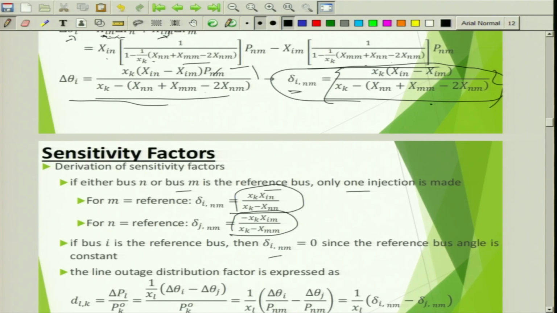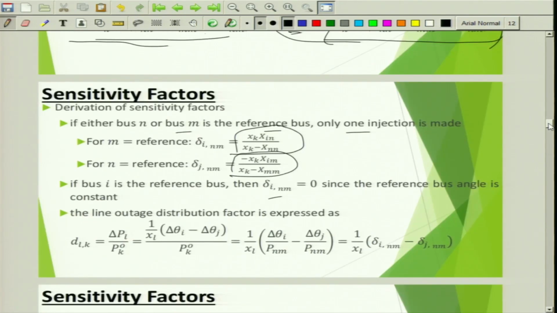Then the line outage distribution factor is expressed as DLK is nothing but delta PL by PK naught, the same thing, that is nothing but delta PL is nothing but 1 by XL into delta theta I minus delta theta J divided by PK naught, and then this can be expressed as 1 by XL delta theta I by PNM, which is nothing but delta INM minus delta theta J by PNM, which is expressed as delta JNM, right.